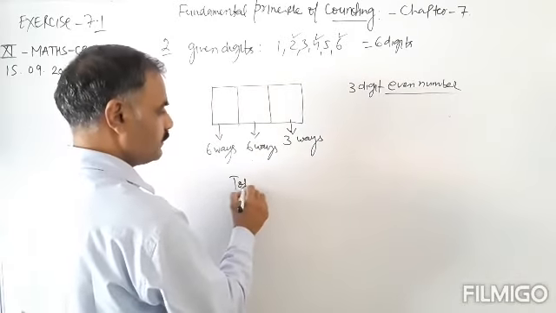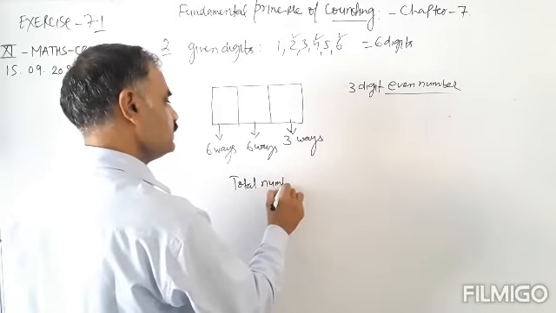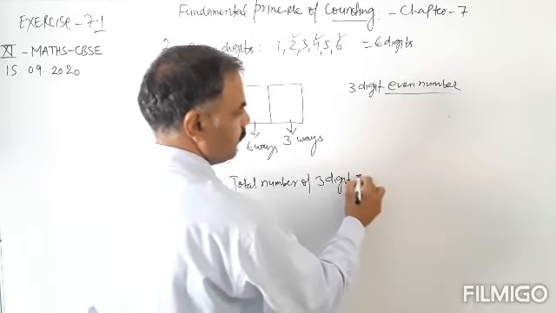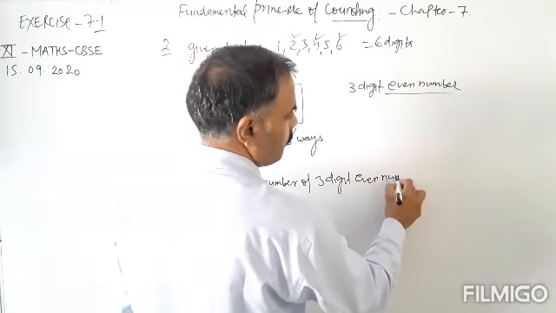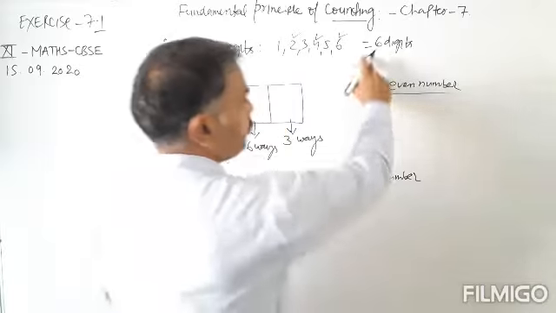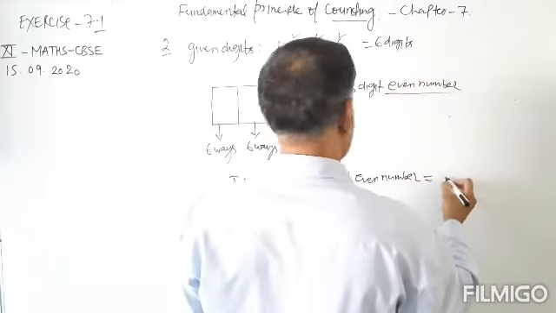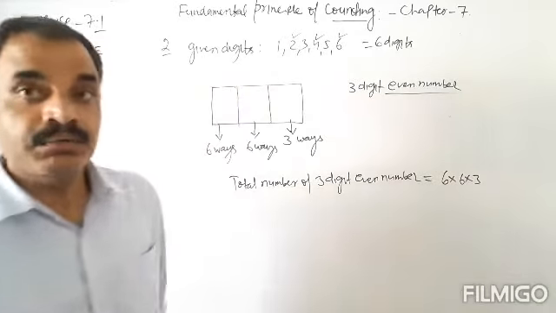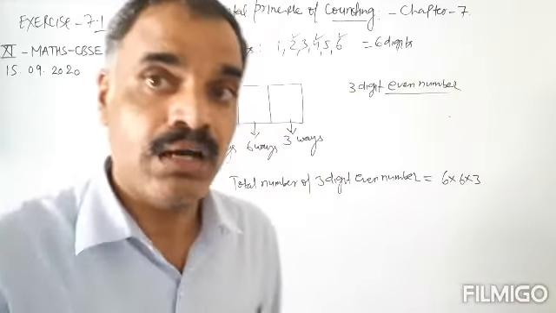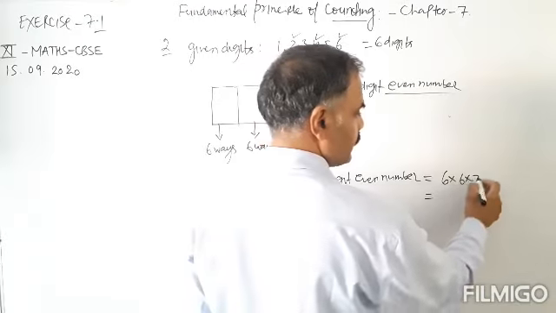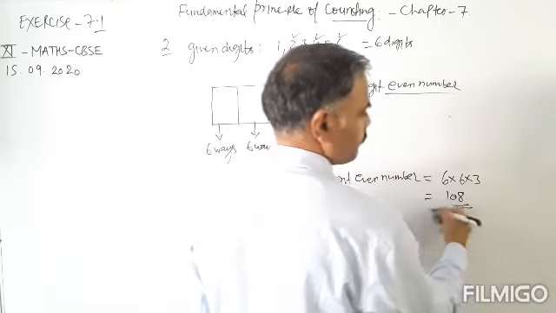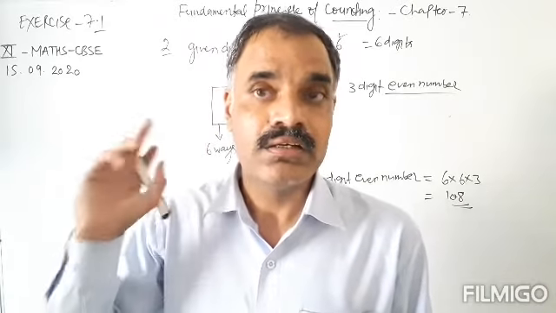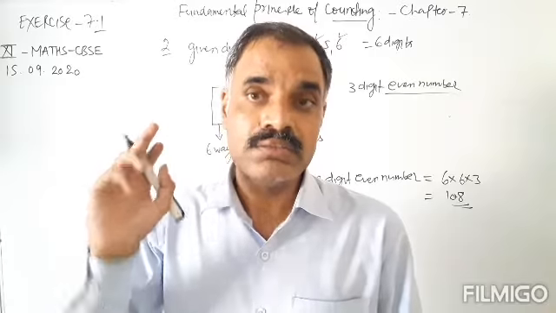So the total number of 3 digit even numbers using 6 digits is 6 into 6 into 3, since repetition is allowed. 6 6 are 36, into 3 is 108. So 108 three digit even numbers are there using the digits 1 2 3 4 5 6.